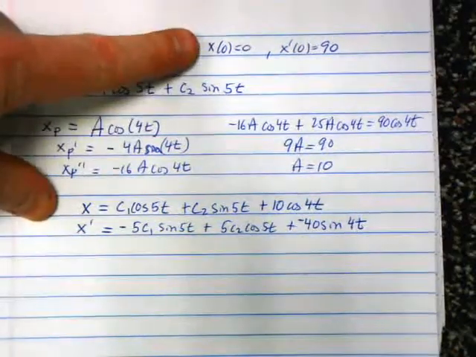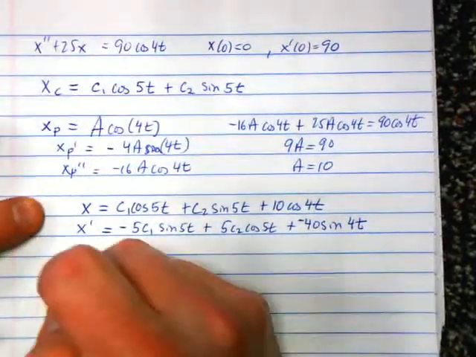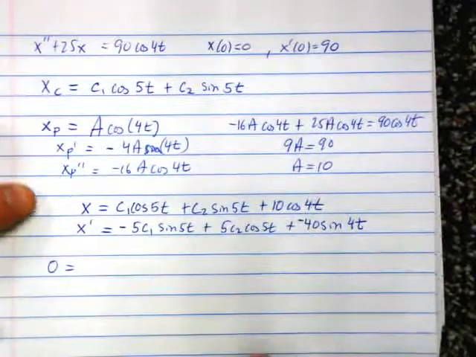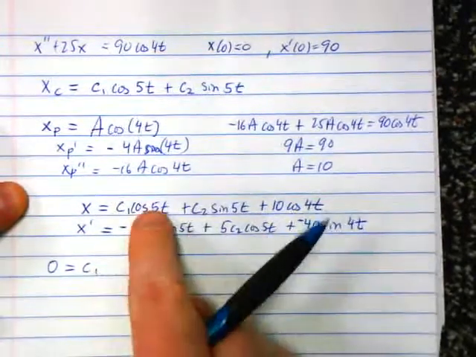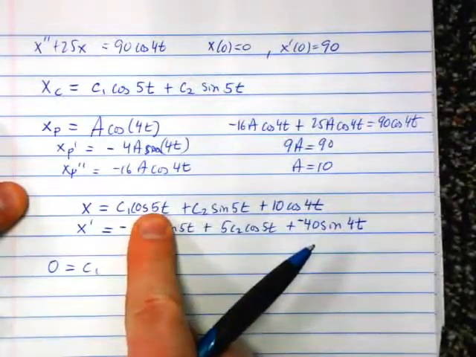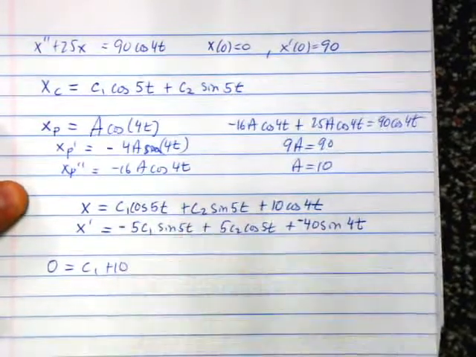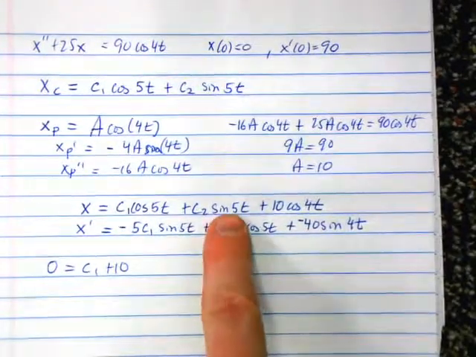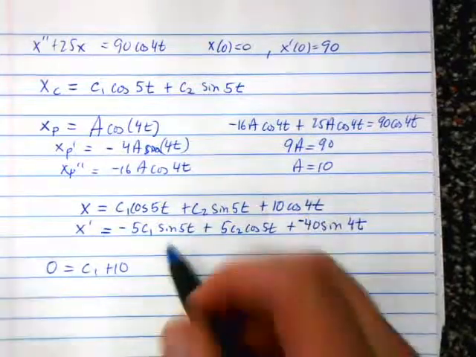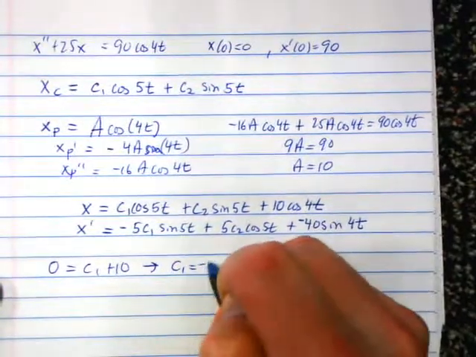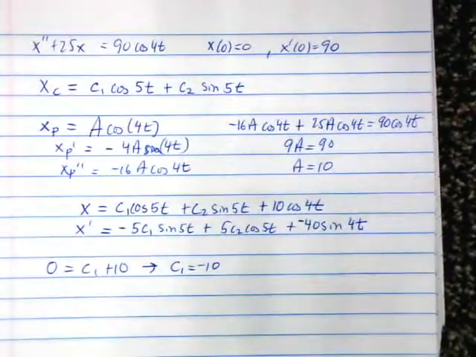Plugging in the first initial condition, x at 0 equals 0, we have 0 equals C1, because cosine of 0 is 1, plus 10, because sine of 0 is 0 and cosine of 0 is 1. But that one's easy to solve. I like that. C1 is negative 10.